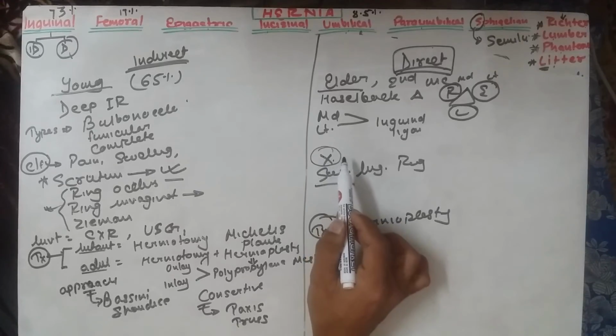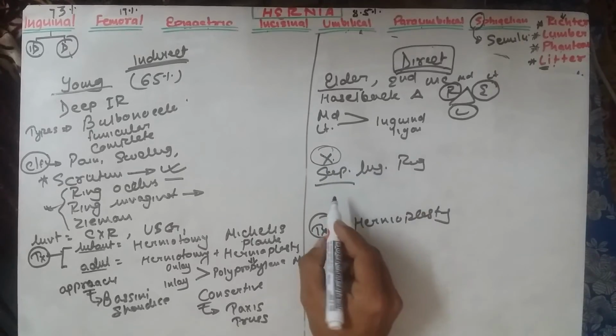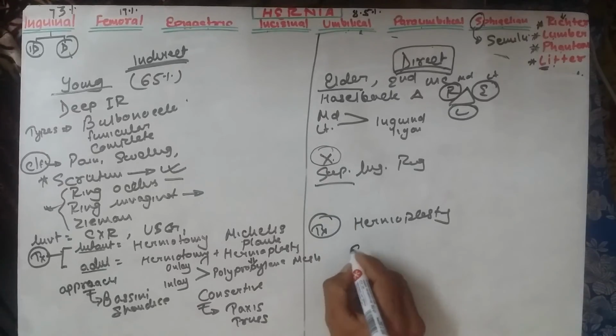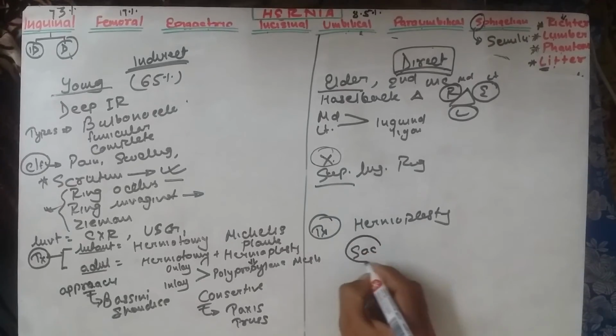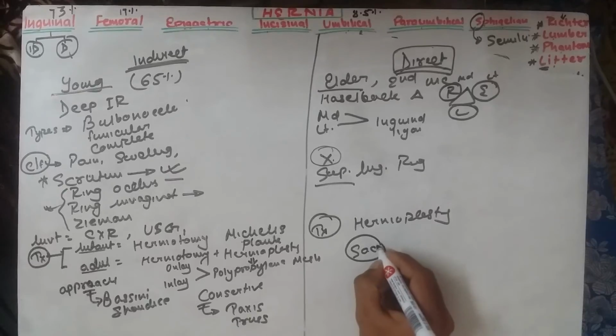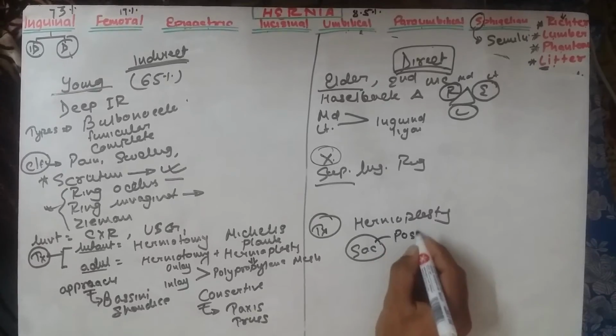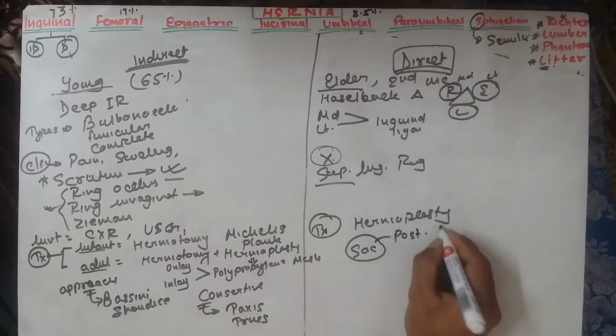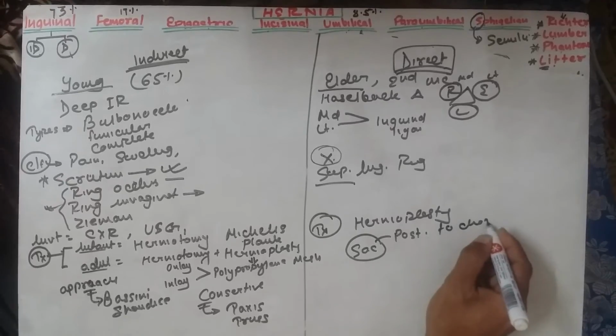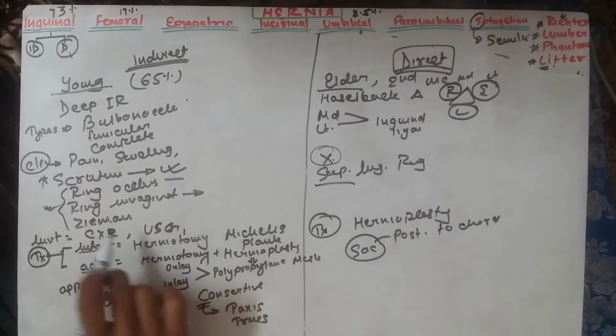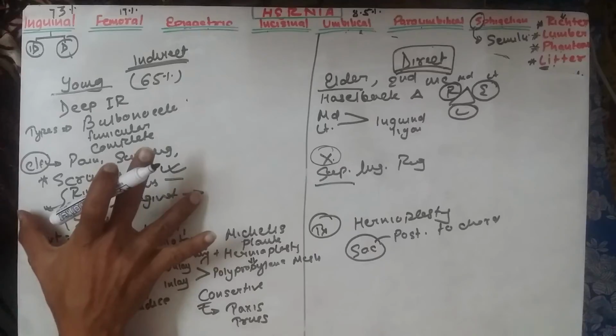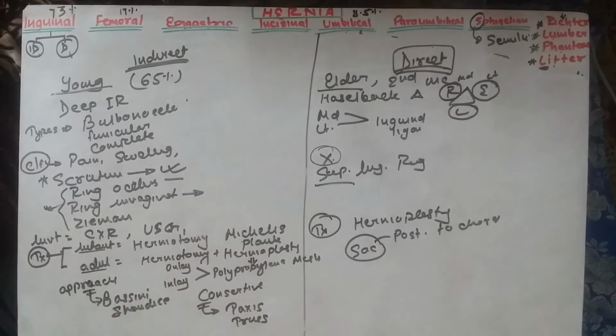Then the hernial sac is posterior to the cord in case of direct, whereas the sac is usually anterior to cord in case of indirect.